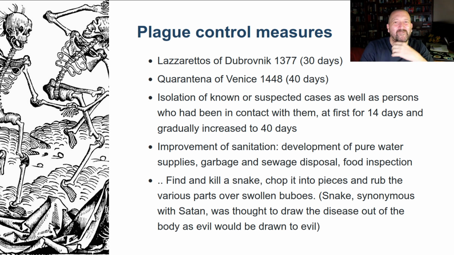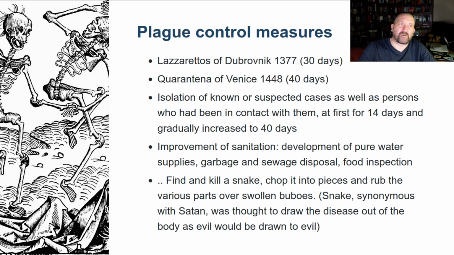Because of plague, about 30 years after the Black Death itself, Dubrovnik introduced lazarettos through which incoming trade merchants, so ships, had to stop for 30 days. And then about 100 years after the Black Death, Venice introduced quarantena, which is 40.